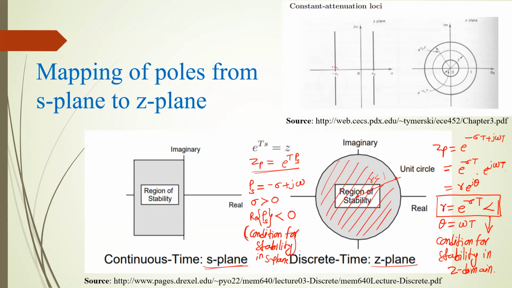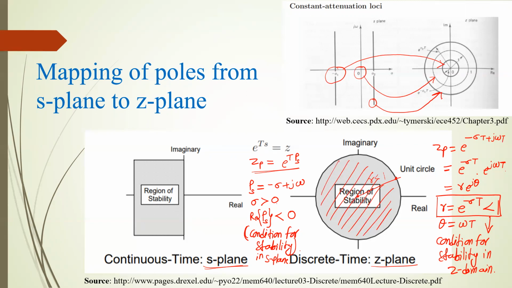In this pole, the real component is negative, and it maps to the smallest circle. This pole has no real component, and it maps to the circle with radius 1. And this is the pole with a positive real number, which maps to the circle whose radius is greater than 1. That is just to give you an example.